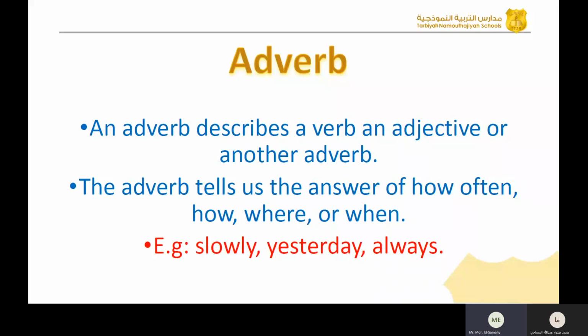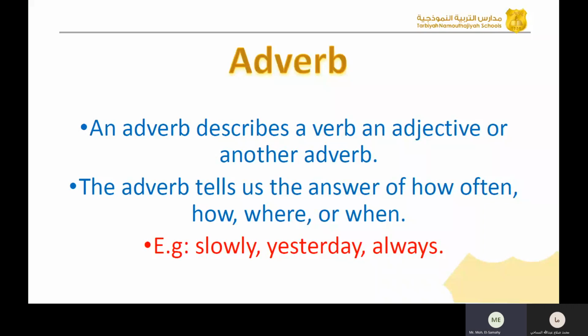An adverb describes a verb, an adjective, or another adverb. The adverb tells us the answer of how often, how, where, or when. For example, when I say, how does Ahmed run?